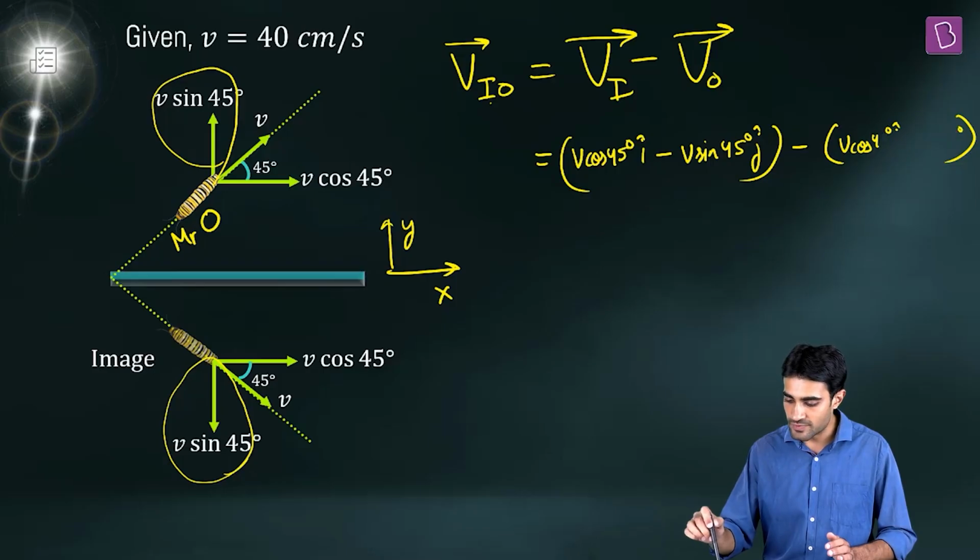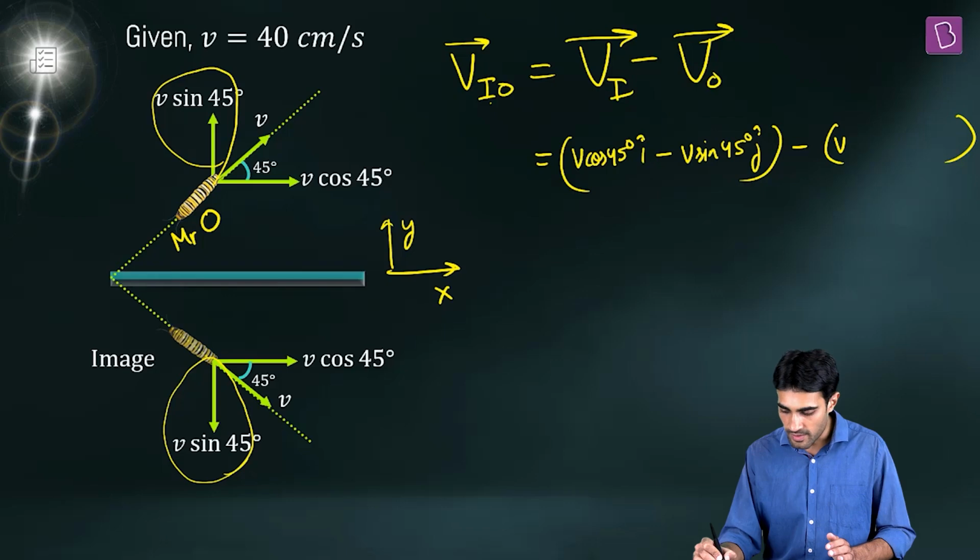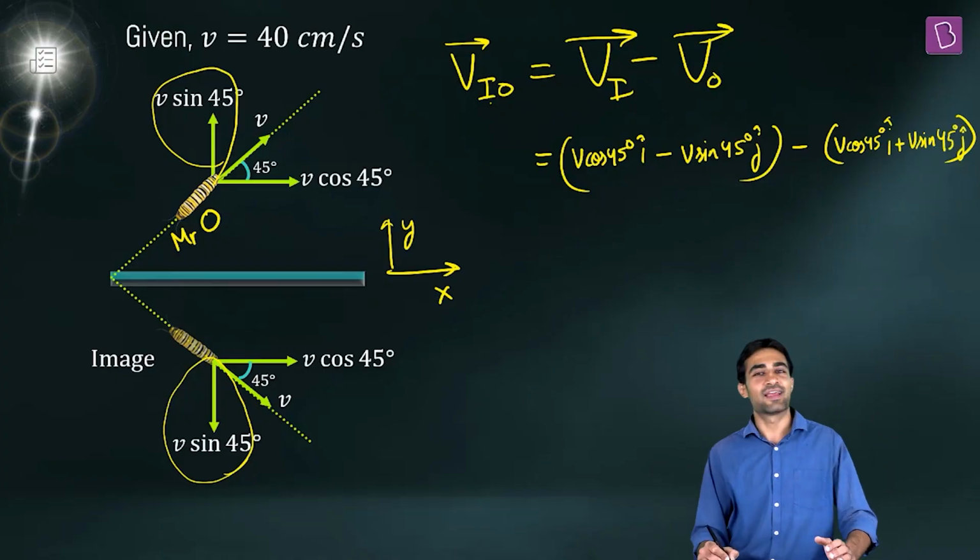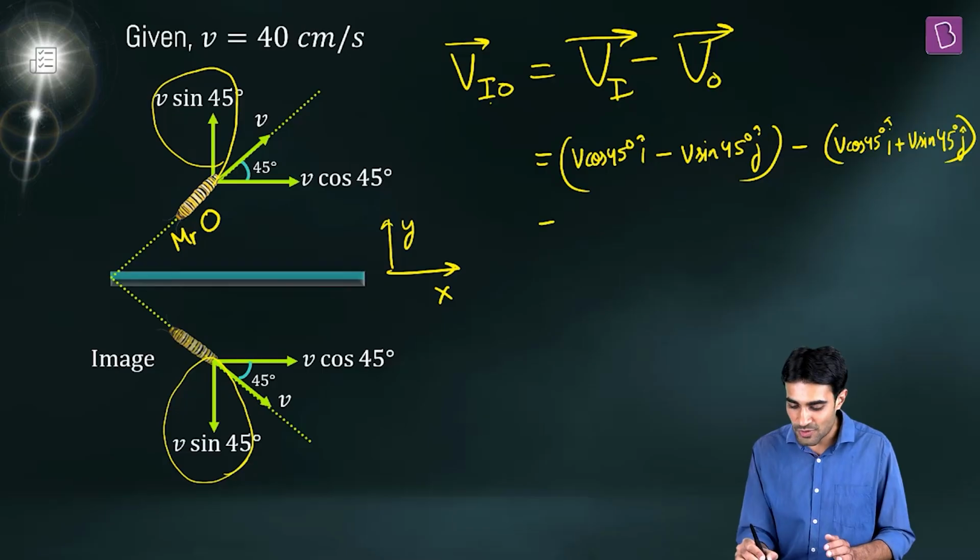I don't have enough space, so let me compress it. So v cos of 45 degree i cap, then we add v sine of 45 degree j cap. Nice. It fits now. So what do we get?